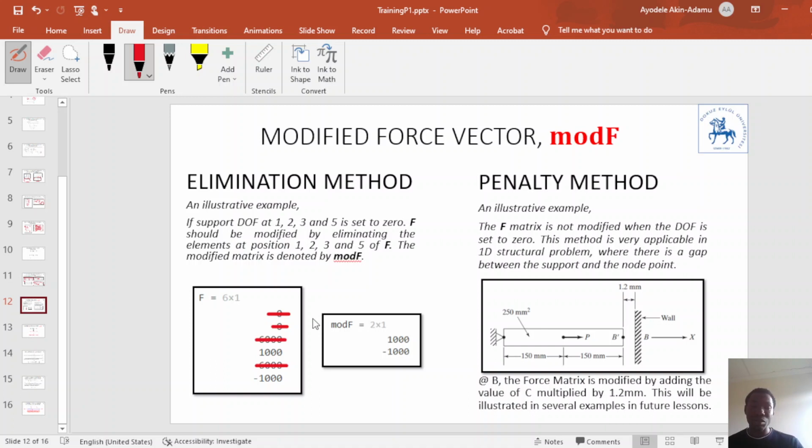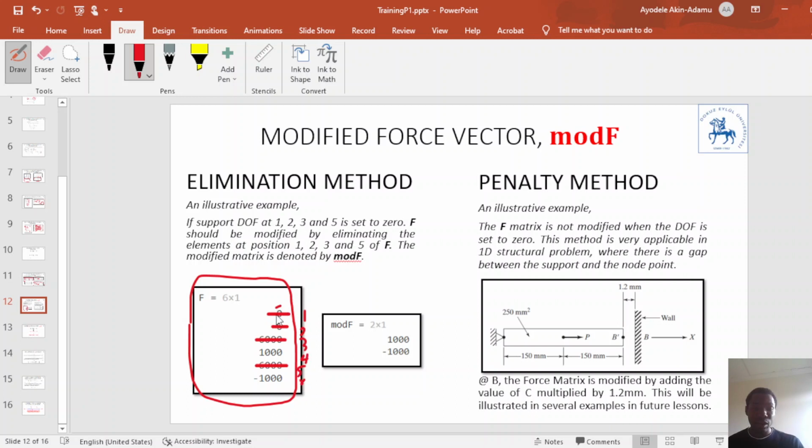Say we have a force vector matrix defined by this, and say we have force support at node 1, node 2, node 3, and node 5. It means that at positions 1, 2, 3, and 5, those elements will be eliminated. The numbering of this force matrix is 1, 2, 3, 4, 5, 6.